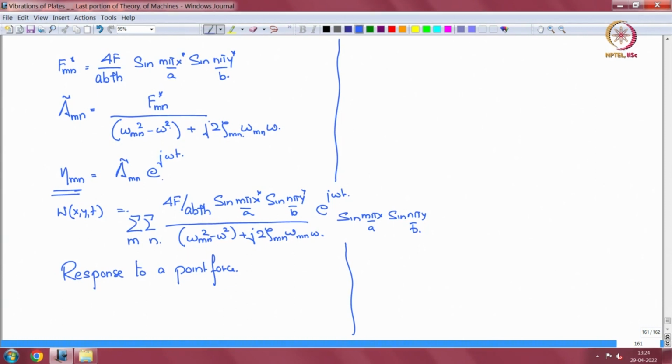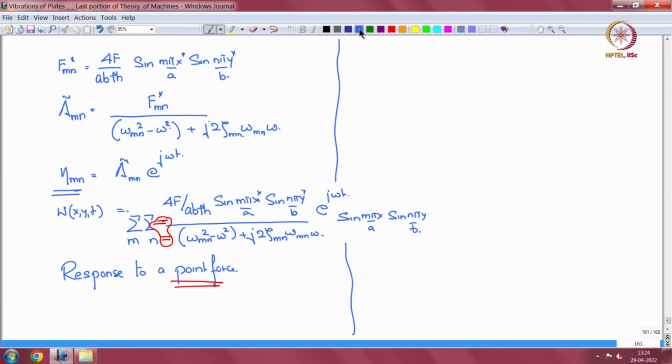There is no m or n here in the numerator or m or n standing separately out. Okay, so that is for a point force. We will comment on that a little later.